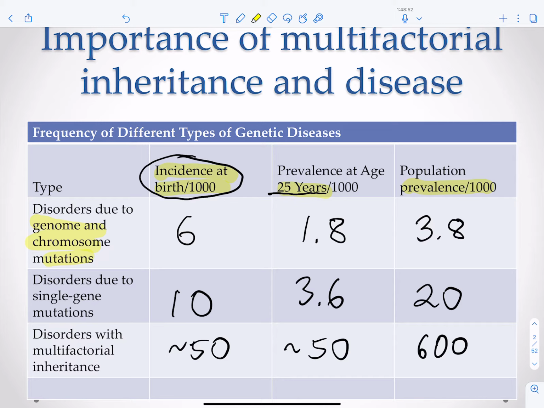It's much lower at the age of 25, and the population prevalence is roughly 4 out of every 1,000. Disorders due to a single gene mutation again have an incidence highest at birth. Multifactorial inheritance has an equal distribution of incidence at birth and prevalence, but the population prevalence is very high in these multifactorial inherited diseases.